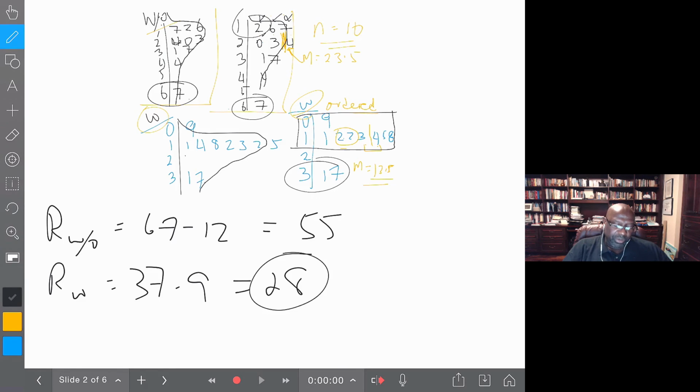So you could see a smaller range here compared to the 55 in the other case. And then if we actually found the first and third quartiles, we could get the interquartile range. The data set is fairly small. I'm not sure we actually need to do that much evaluation.